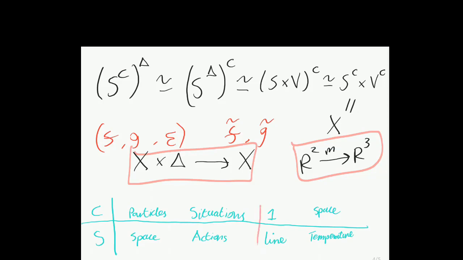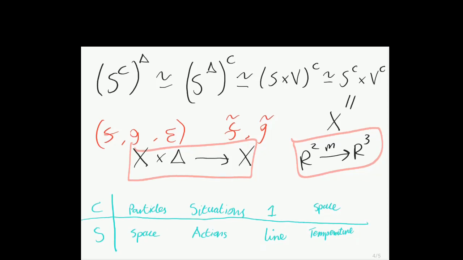The example that we've just been looking at with the harmonic oscillator would be where C is just this one point space and S is just a line. You can also look at the case where C is space and S is temperature, and then you can model things like the heat equation, which is a partial differential equation, which you can think of as evolving in infinite dimensional space.